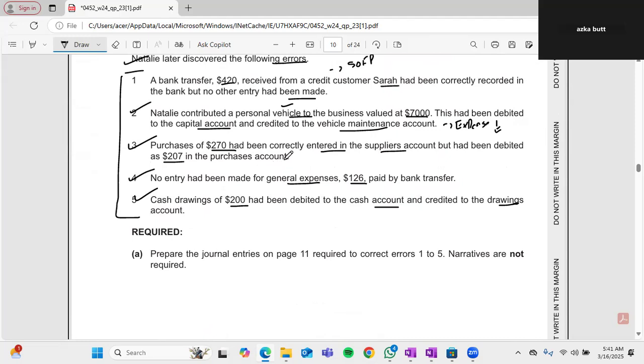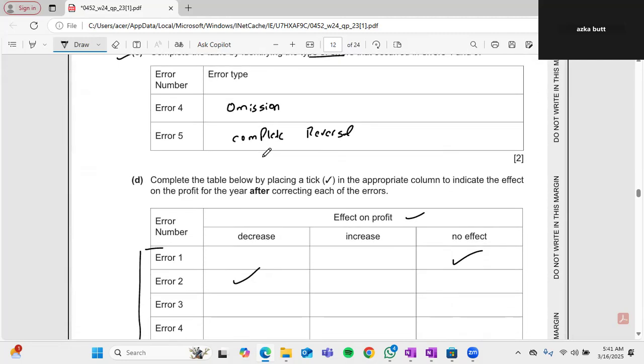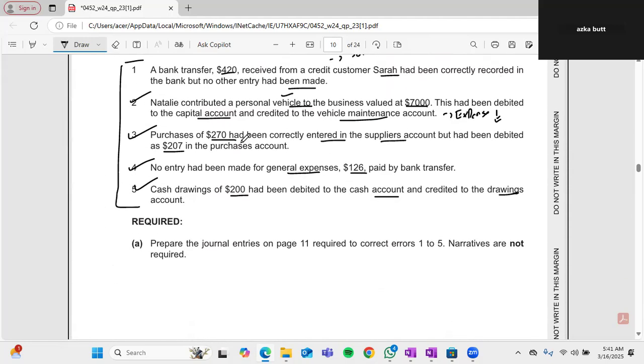So after correcting each of the errors, purchase should be recorded as 270, but we recorded it as 207. It means we have decreased the purchase account.